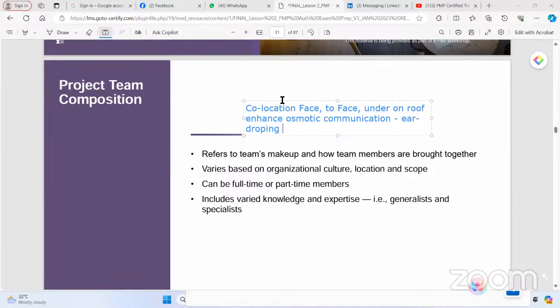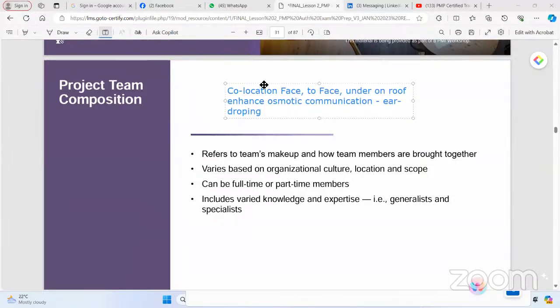So two people are talking, and the third person is sitting doing his work, and because he is sitting so next to them, he is understanding what they are talking about, and they are definitely talking about some project work, something that he might be interested in, so he can chip in.